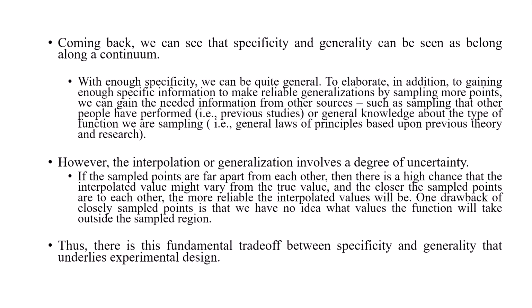To elaborate in detail: in addition to gaining enough specific information to make reliable generalizations by sampling more points, we can gain the needed information about the nature of the function from other sources, such as sampling that other people have performed, how they have picked their trials and different conditions. Also, general knowledge about the type of function we are sampling, general laws or principles based upon previous theory and previous research and so on. All of that starts coming in.